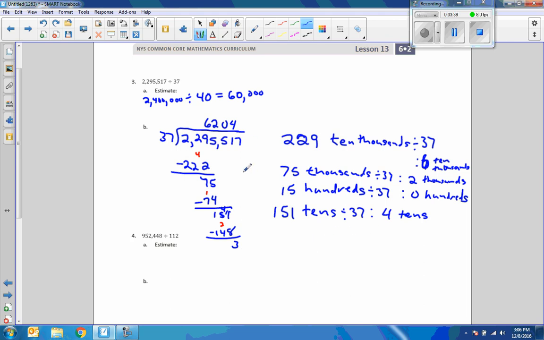Bring down our 7. 37 ones divided by 37 gives us 1. 1 times 37 is 37. Subtract and get a remainder of 0. So my answer is 6 10 thousandths, 2 thousandths, 0 hundredths, 4 tens, 1 one. And that right there is our answer, 62,041.